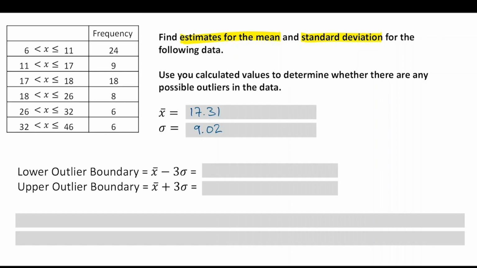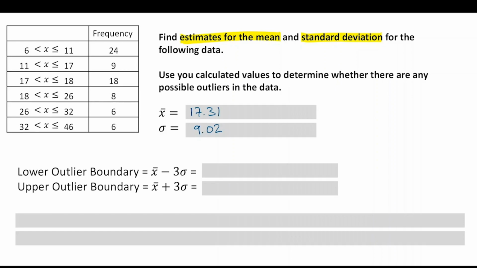Again, if we're working with the mean and the standard deviation, and we've been asked to find whether there are outliers, we are using the outlier rule of thumb, x bar plus or minus 3 sigma. So x bar minus 3 sigma will let me know the lower outlier boundary. X bar plus 3 sigma lets me know the upper outlier boundary.